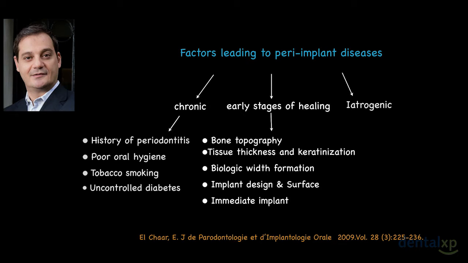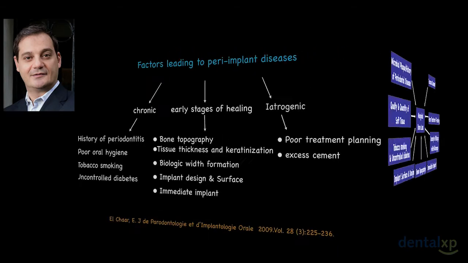If you have a very wide implant and you try to obliterate the socket, by increasing the diameter you are compressing the bone on the proximal, mesially and distally, and that will lead to resorption of bone, especially in the anterior, with a crestal bone that is very thin, cortical over cortical. And thirdly, the iatrogenic factors: poor treatment planning and excess cement.